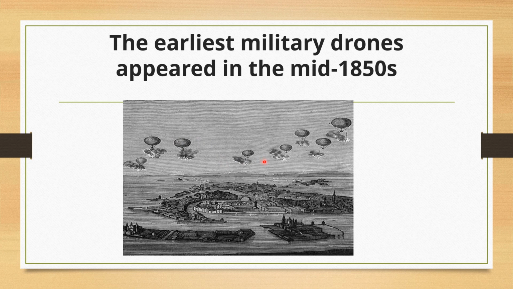You can see here it looks like balloons, and they launched around 200 incendiary balloons over the whole city. We are talking about current generation drones, but initially it was unmanned balloons, and they carried about 11 kg to 14 kg of bombs. So this was the first place where it was used for military technology.